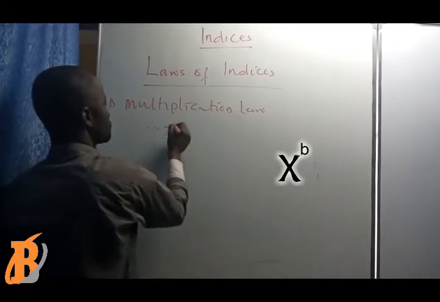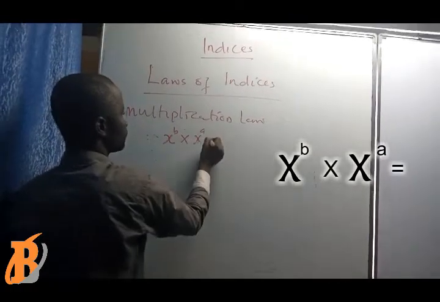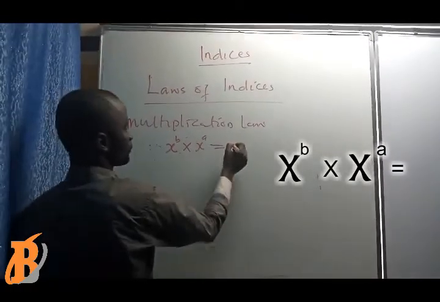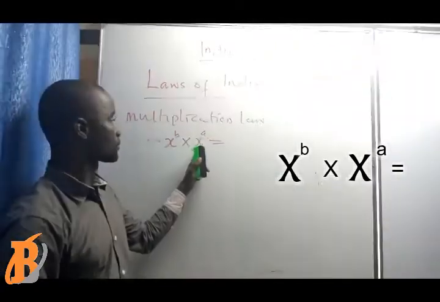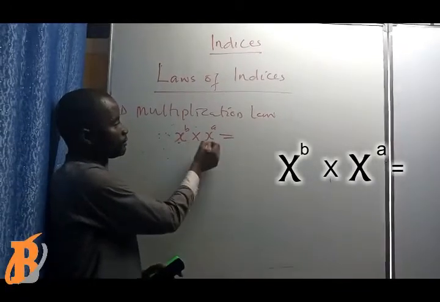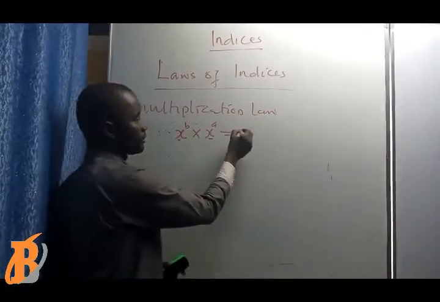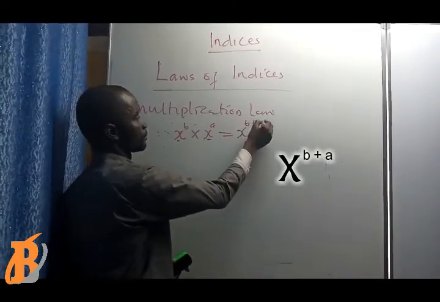Now x raised to power b times x raised to power a equals, now since the values possess the same base, you take one of the base and then you add the powers, that's b plus a.